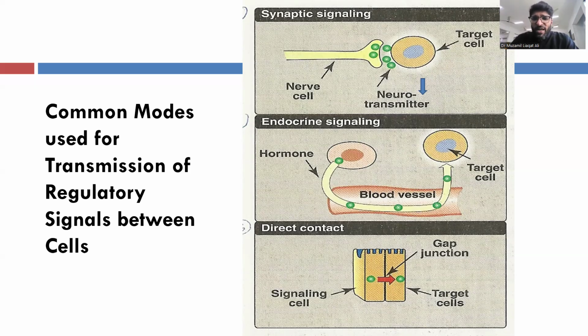Messengers act on immediately adjacent cells. For example, the neurotransmitters at synapses. The next one is autocrine. The cell secretes a messenger that binds back to its own receptors, common in immune regulation and cancer progression. So, master these distinctions. They explain how the body coordinates systemic versus local responses.